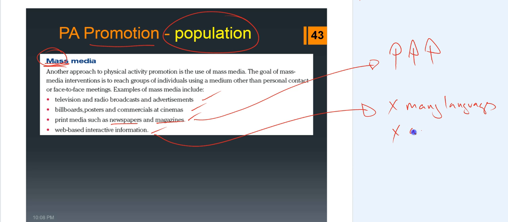Does it apply to many ages? Is it specific for different population groups? The more of these boxes that are ticked, the better it will go in providing many people with access to physical activity.